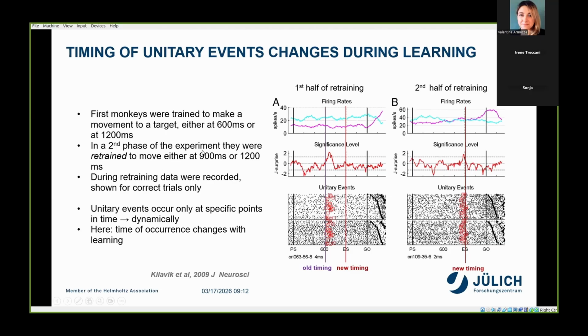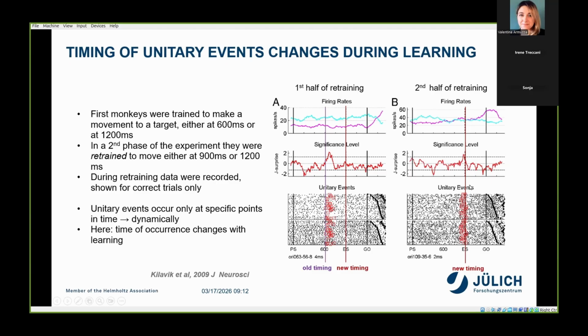Now, they retrained the monkey to make the movement either after 900 or 1200 milliseconds. And they recorded during the training. What they found in the second half of the retraining with the new timing was that the occurrence of this excess spike synchrony occurred at the new expected signal.